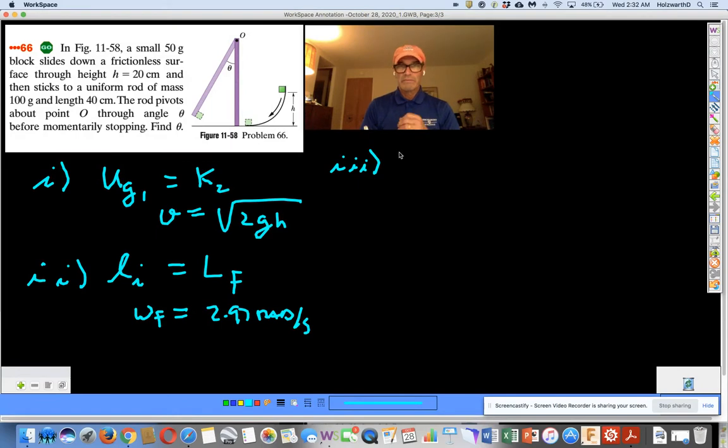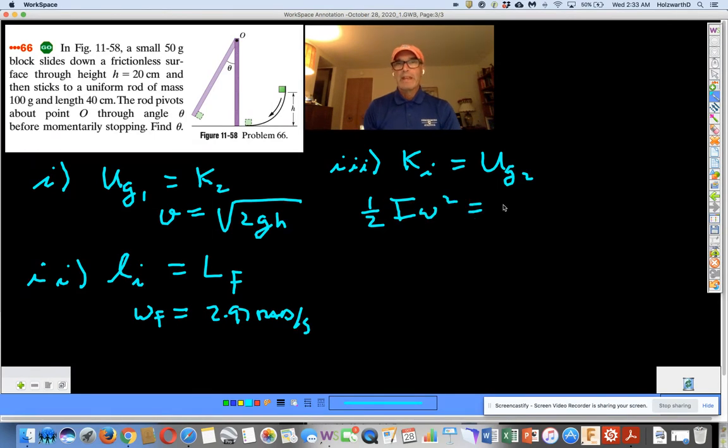That's when the block, just after it collides, we're going to call that kinetic energy, initial. And then the energy is going to transform into gravitational potential. So let's call that U_G, 2, or final for that matter. You get my subscript. So the first part, after the block hits and sticks to the rod, we're going to have the energy at that moment of 1/2 I omega squared.